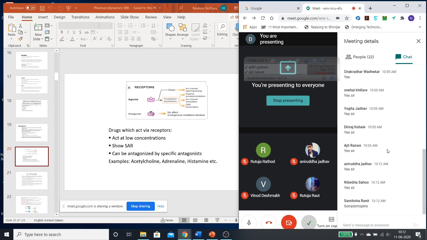Any example? Yes, cyclic AMP is a second messenger. Very good. Have you seen any third messenger?